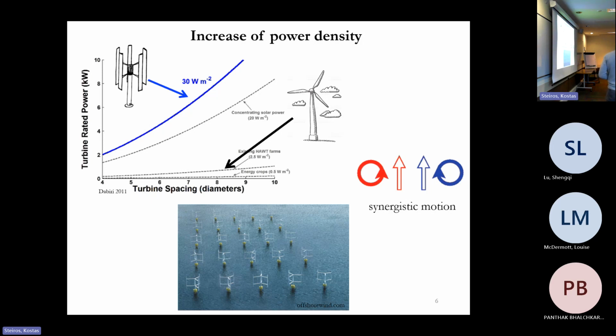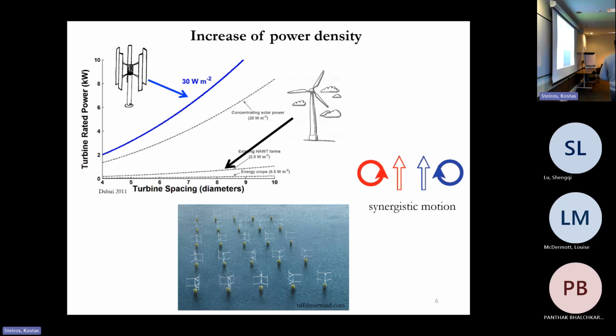Now, the good thing about these vertical axis wind turbines is that when you cluster them, there are great synergistic phenomena where one essentially promotes the power production of the other, because we have, for example, counter-rotating motion. So this was relatively recently suggested by a research group at Caltech, where they found an order of magnitude higher efficiency of these vertical axis wind turbines, but per area.